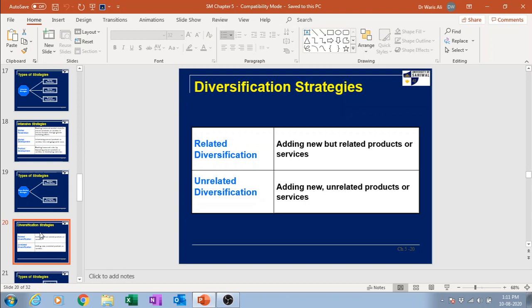So unrelated diversification. If the University of Saival sets up an animal farm, it's a new product and entirely different from the existing products. So unrelated diversification. So diversification can either be related or unrelated.